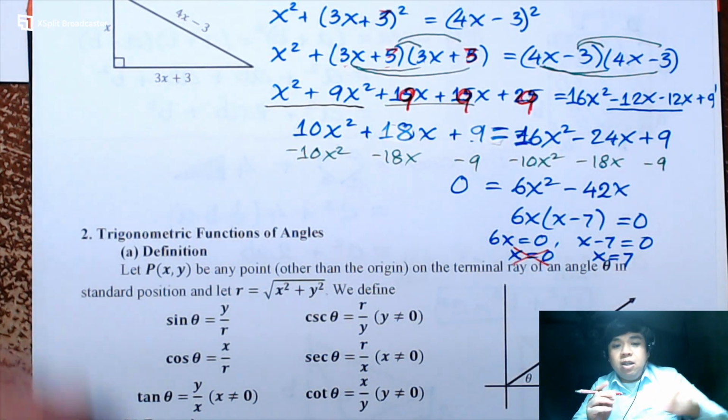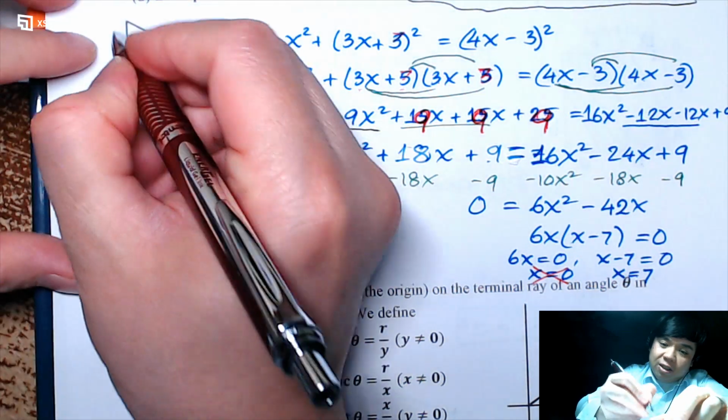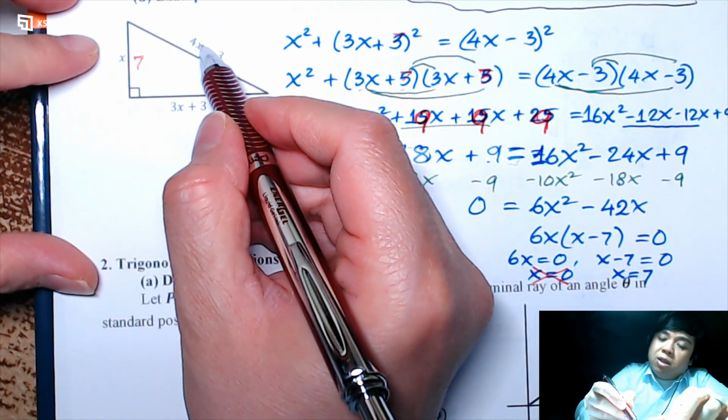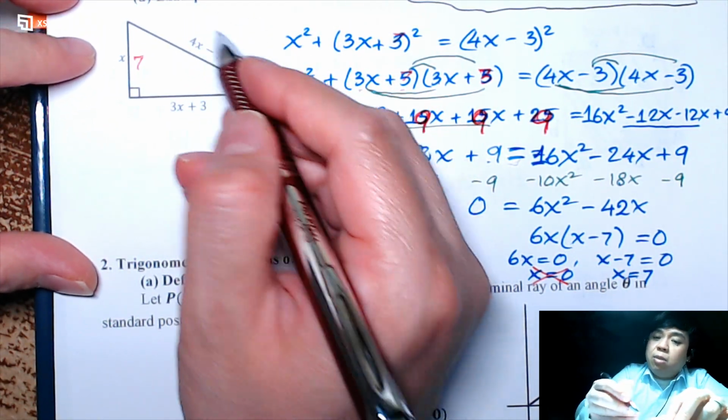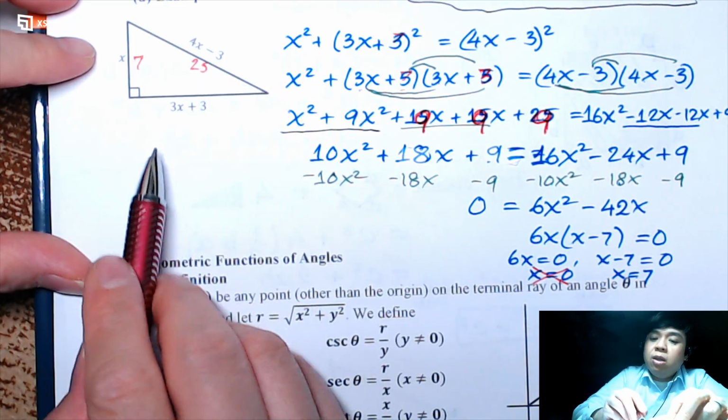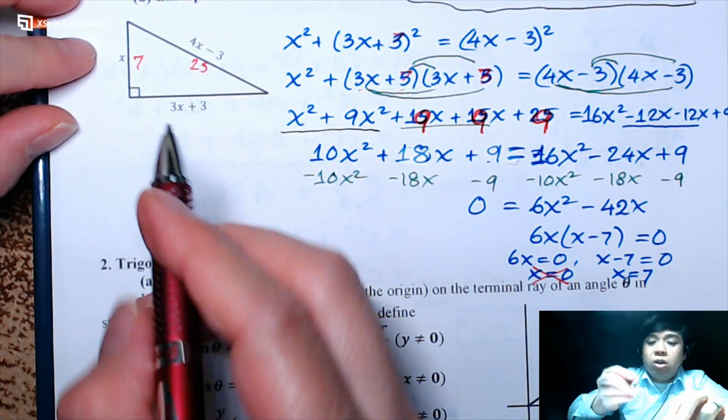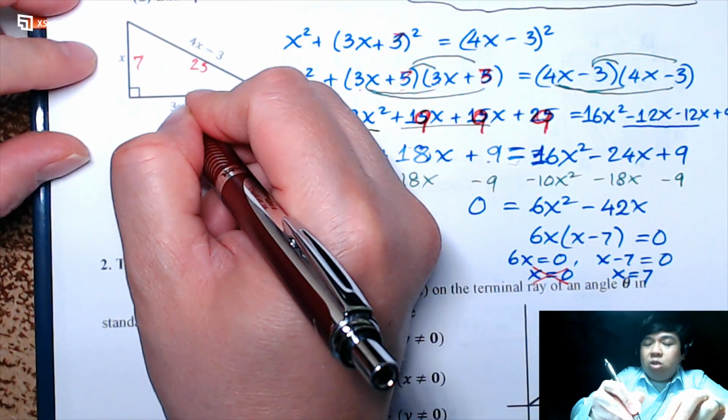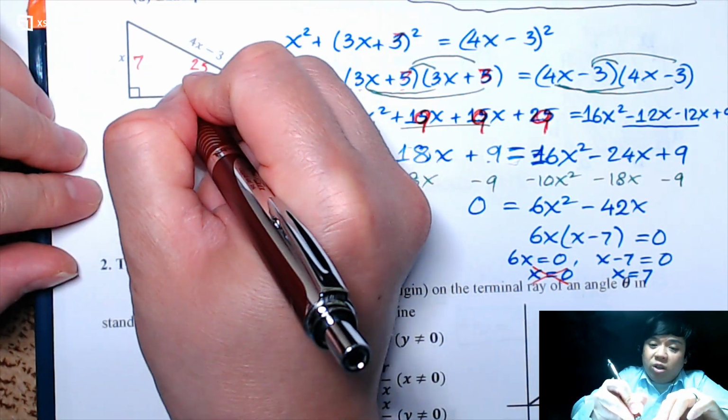So in this case we have 7, 4 times 7, 28 minus 3, that's 25. 3 times 7 is 21, plus 3, 24.